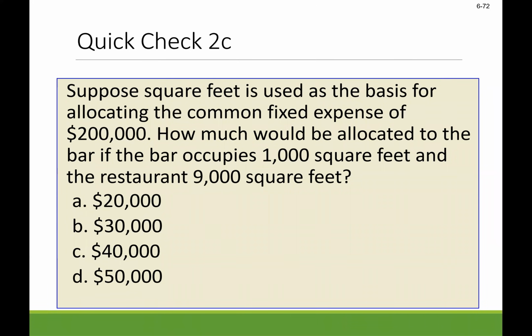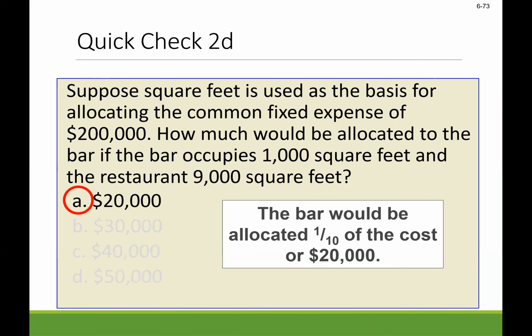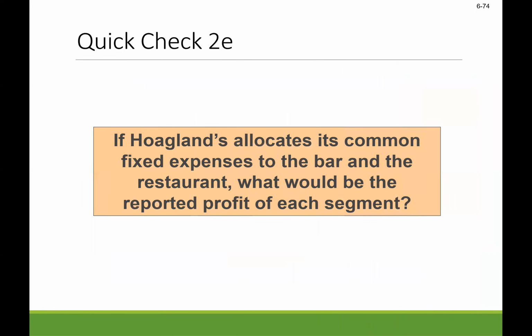Suppose square feet is used for the basis of allocating the common fixed expense of 200,000. How much would be allocated to the bar if the bar occupies 1,000 square feet and the restaurant occupies 9,000 square feet? 10%. If Hoagland's allocates its common fixed expenses to the bar and the restaurant, what would be the reported profit of each segment?